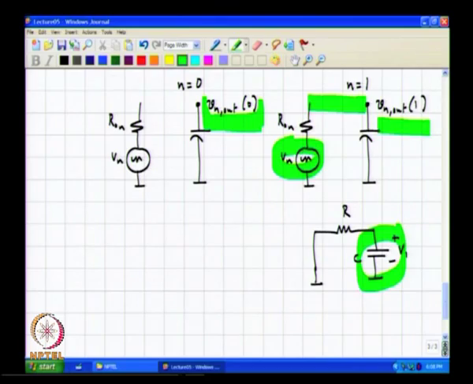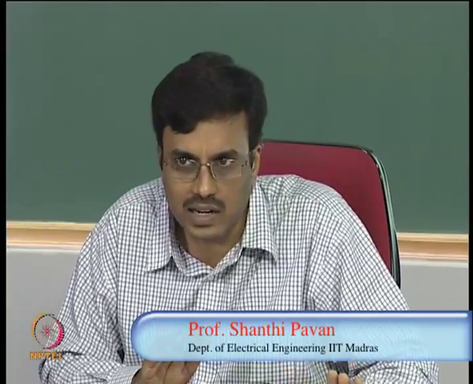So the previously held noise and this noise voltage are related, which means there is correlation. Does it make sense?